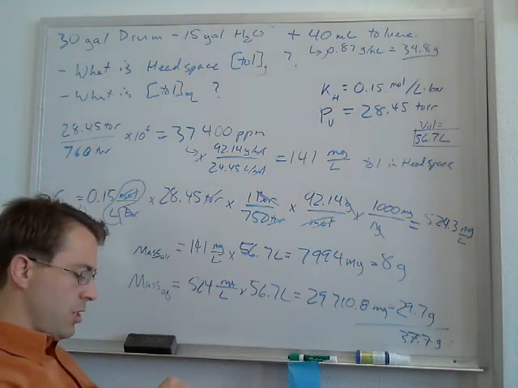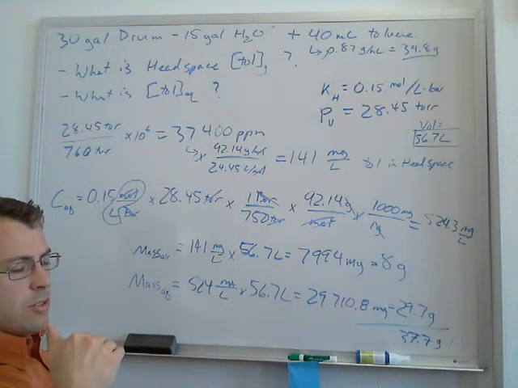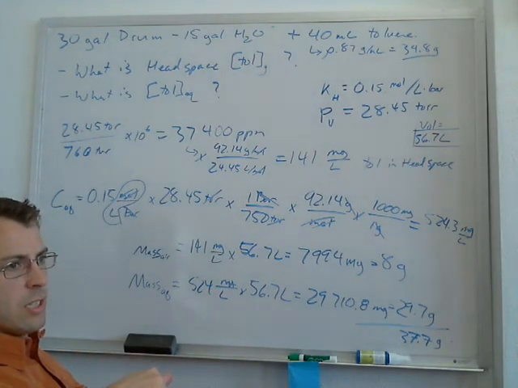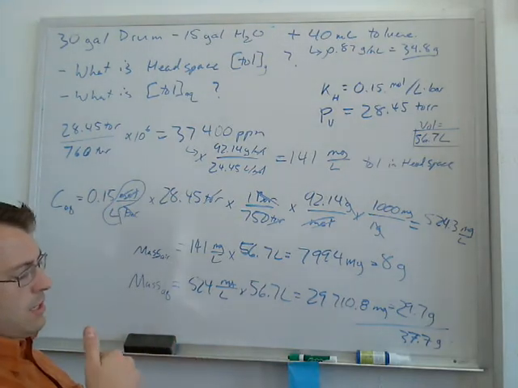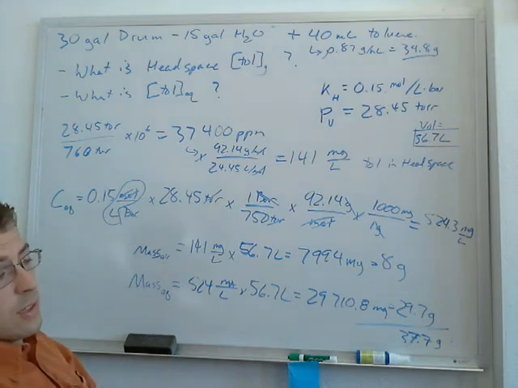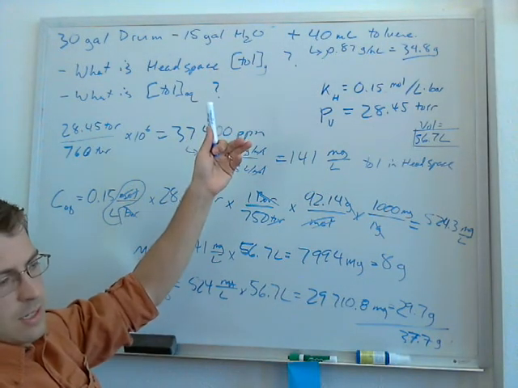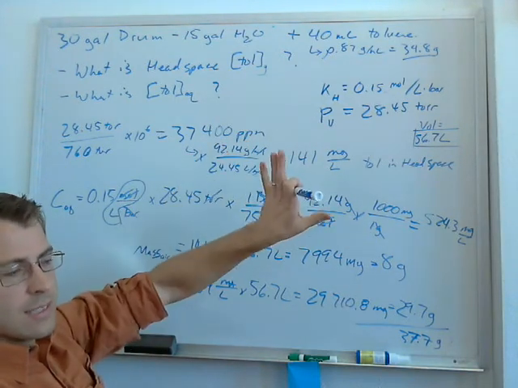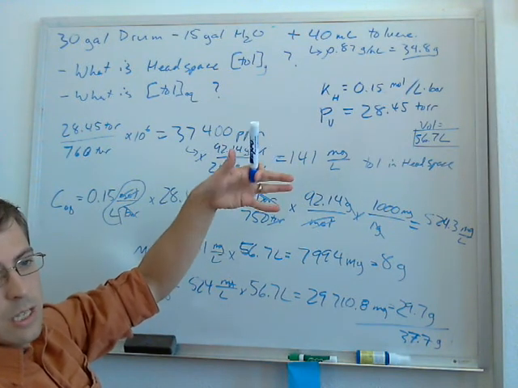Since the vapor pressure is going to drive the concentration in the liquid, then we know that the headspace won't be saturated, because if we saturated the liquid, then we wouldn't have enough mass available to saturate the headspace. Well, if the headspace isn't saturated, then the liquid is going to off-gas into the headspace and fill it to some point.